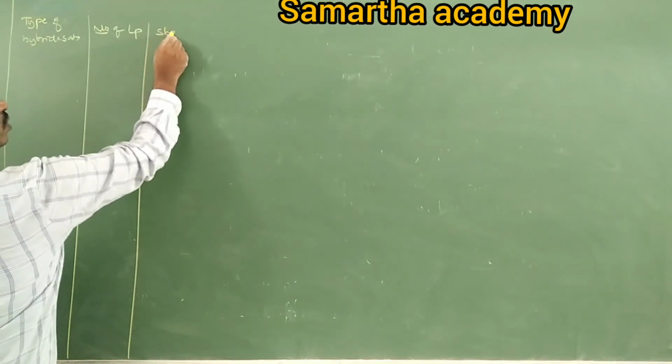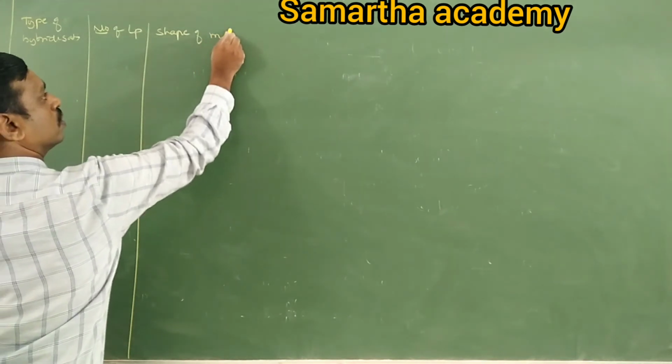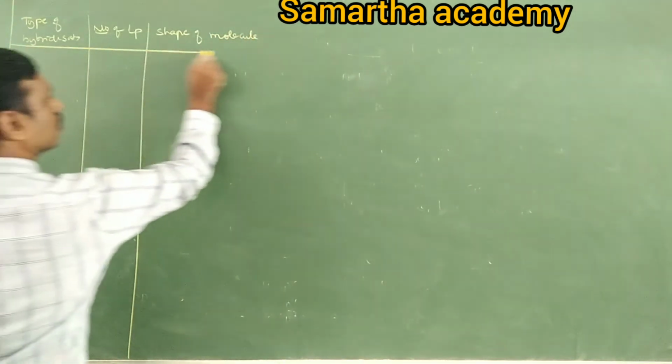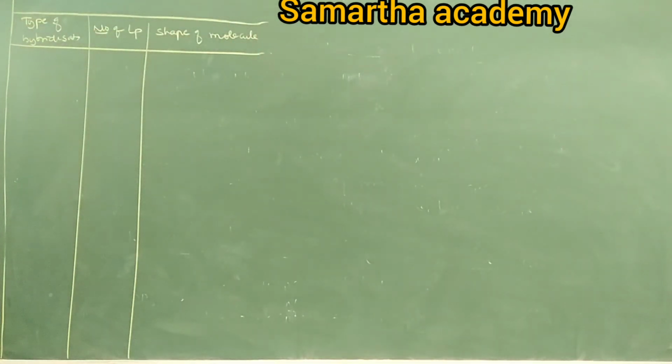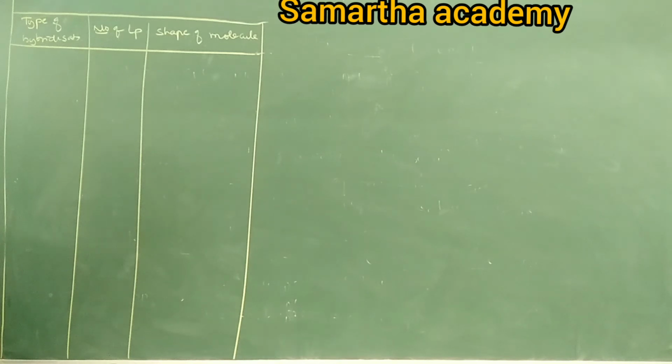Third column, shape of molecule, or geometry of molecule. So if you know the type of hybridization and the number of lone pairs, it is possible to identify the shape. Questions related to shape are also important.